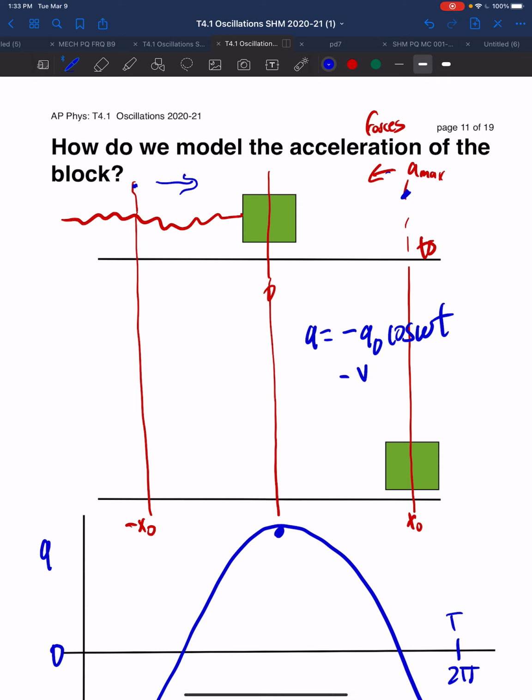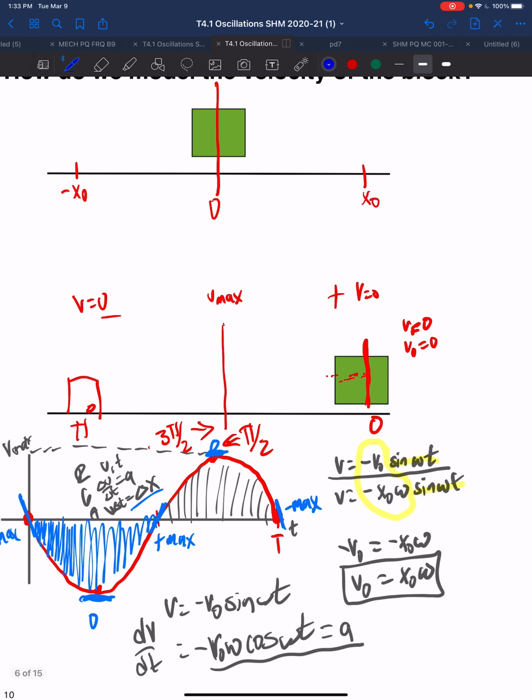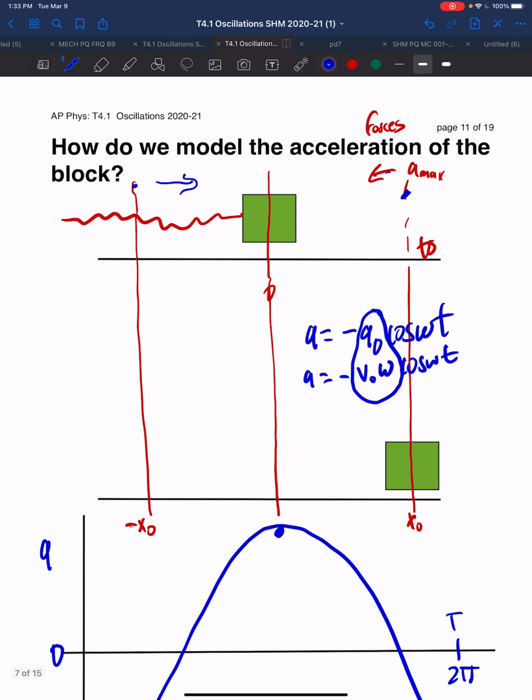So we have negative v0 omega cosine omega t. And so that tells us then that A0 equals v0 omega. The amplitude is v0 omega.